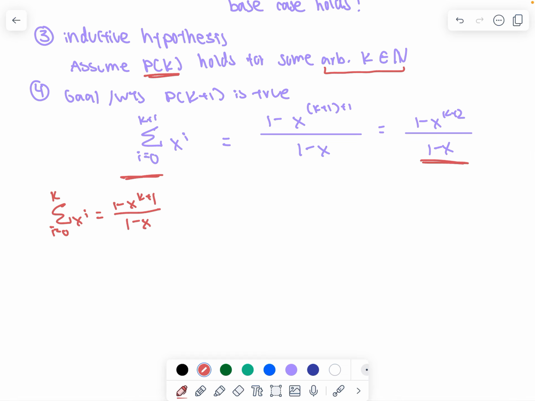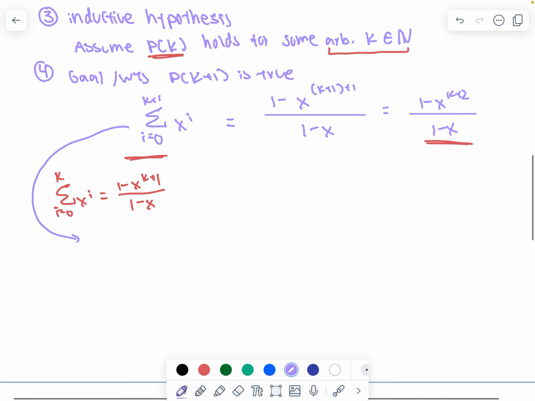Looking at this left-hand side, considering this is the summation of all k plus 1 terms, this is the same as summing from i equals 0 to k plus the k plus 1th term. So we can break this summation down into the summation of i equals 0 to k of x to the i plus our k plus 1th term, which is simply x to the k plus 1.